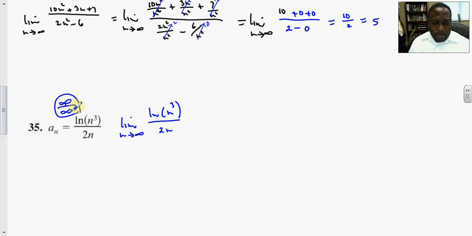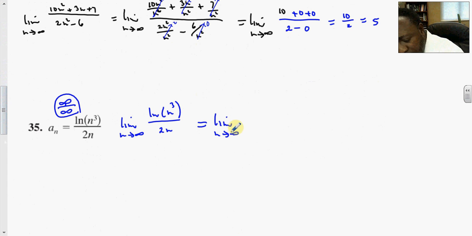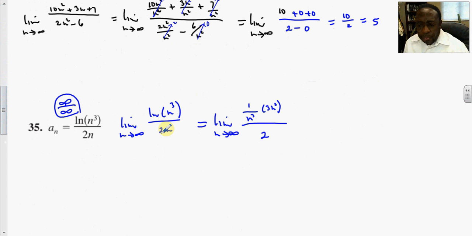You get infinity over infinity. So because of that, we apply L'Hopital's. The limit as n goes to infinity. Take the derivative of the numerator. And so this is 1 over n to the third times 3n squared. This is divided by 2. Take the derivative of the 2n, we get 2.